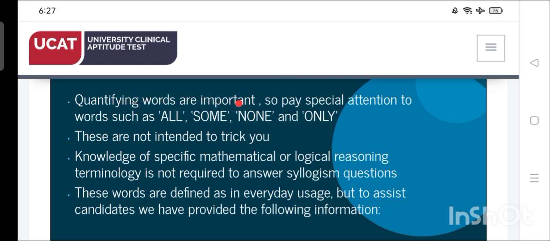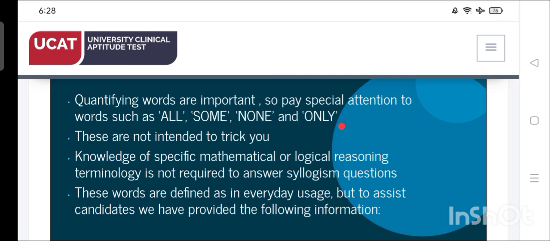Quantifying words are important, so pay special attention to words such as all, some, none, and only. Okay, these are some quantifying words that are very important and are used in some of the questions, like all, some, none, only, either, neither, like these ones.